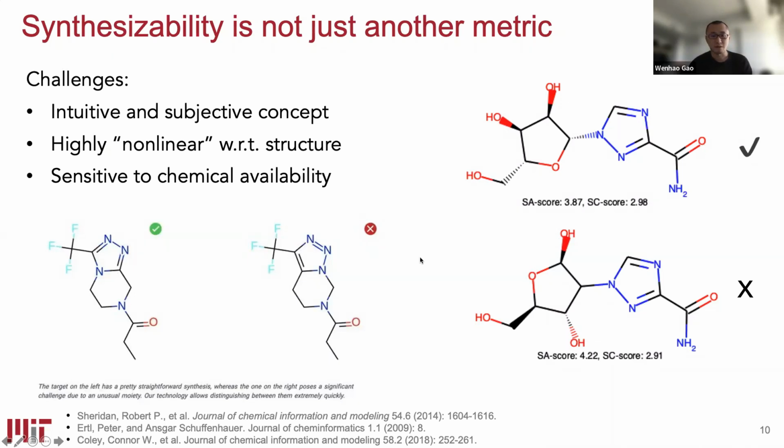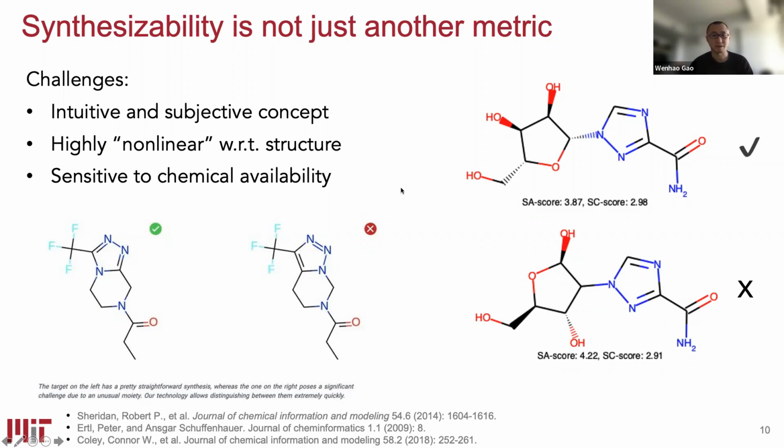So though the overall structures are very similar, so that the traditional simple heuristics cannot distinguish them, the synthesizability differs a lot. We call this high nonlinearity, which makes it very difficult for simple heuristics or machine learning scores to capture the subtlety. And it is also sensitive to chemical availability.